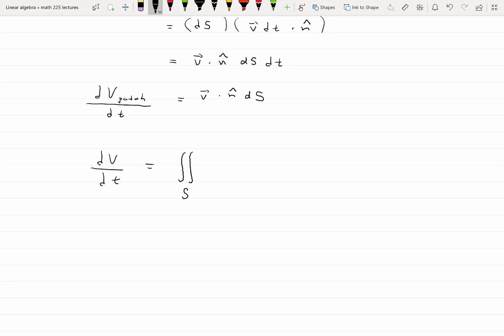We sum them by considering the surface integral over the entire surface of v dot n ds. Okay, this is the rate at which orange juice leaves the entire surface of the orange.